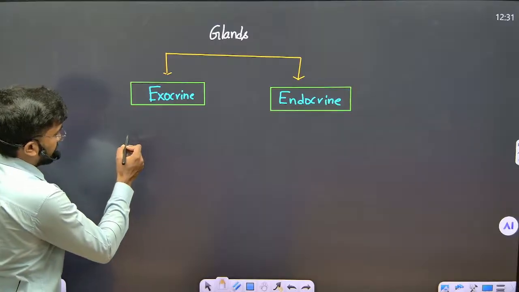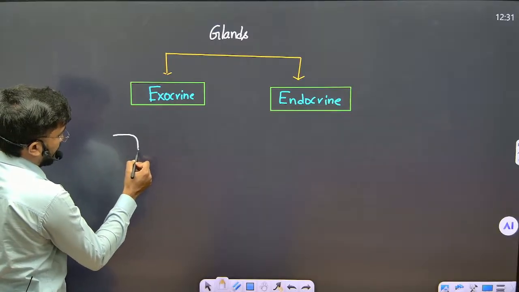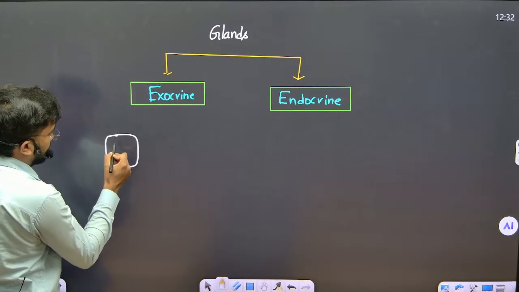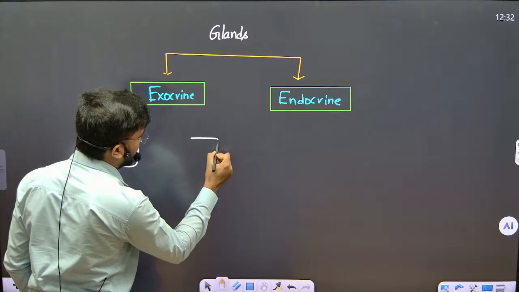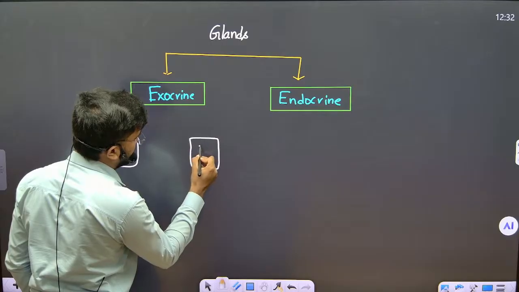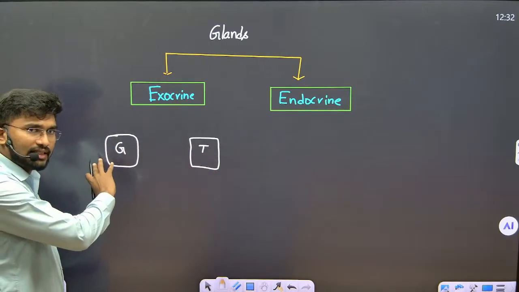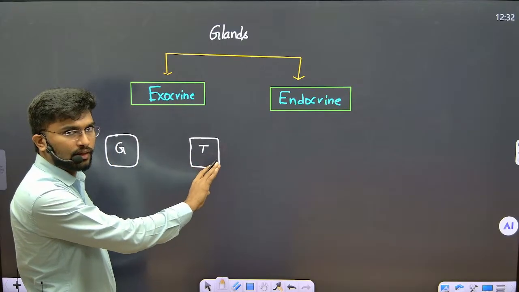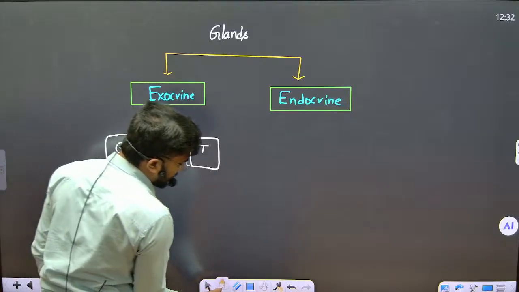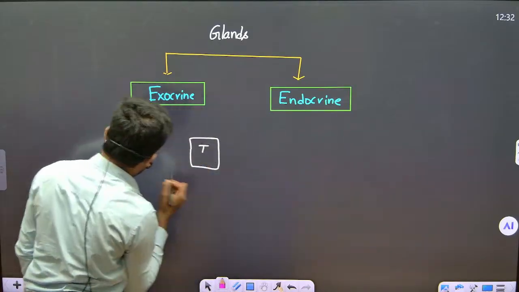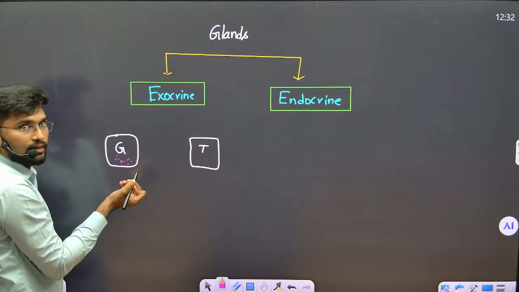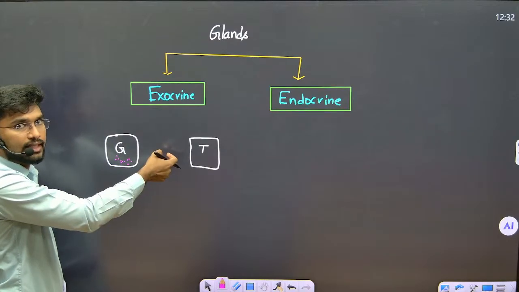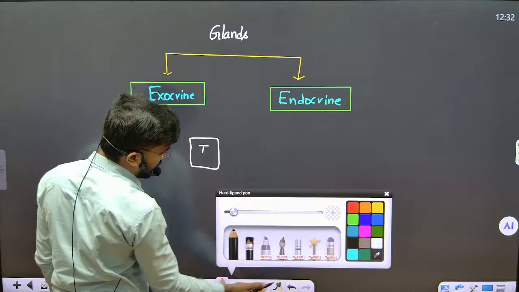Imagine this is the gland. This is the target. Target means the gland secretion needs to reach that particular location. This gland produces something and releases it. It should be reaching its target. How is it reaching its target?